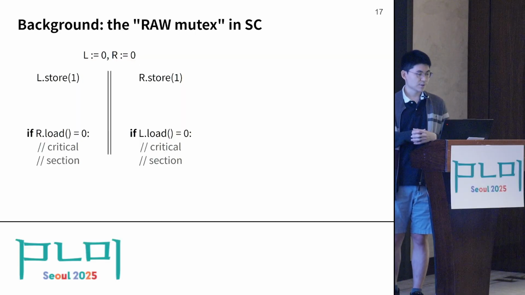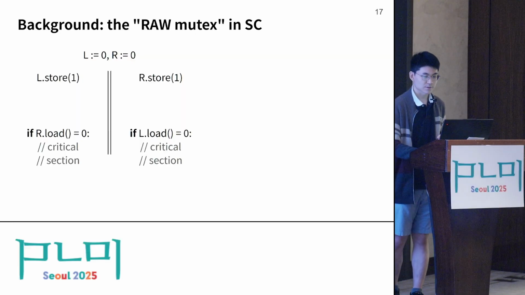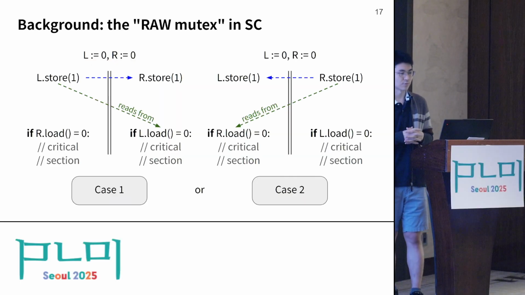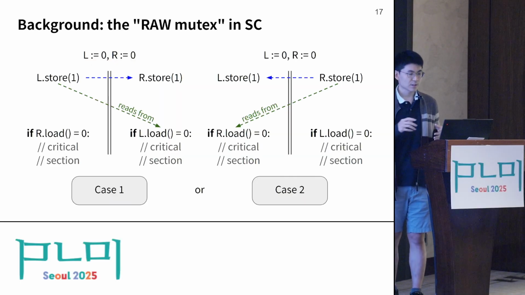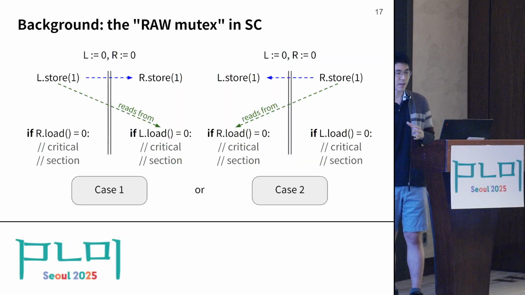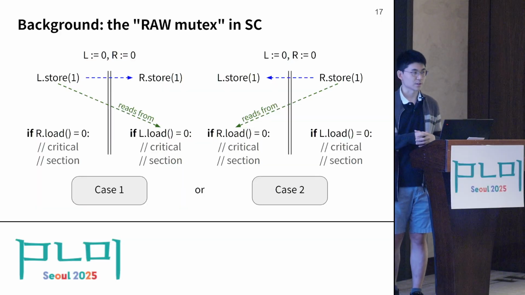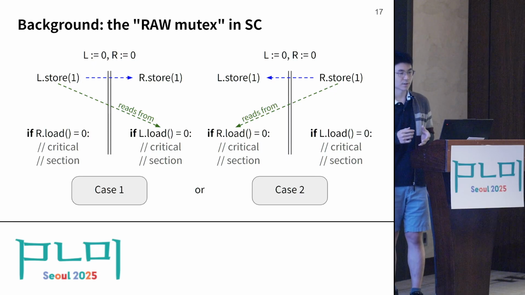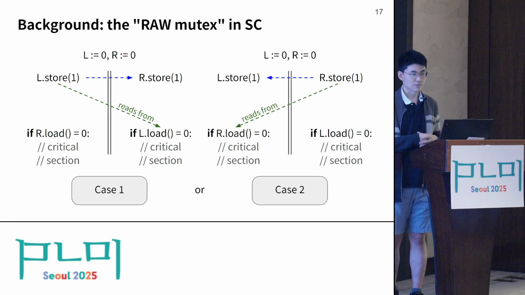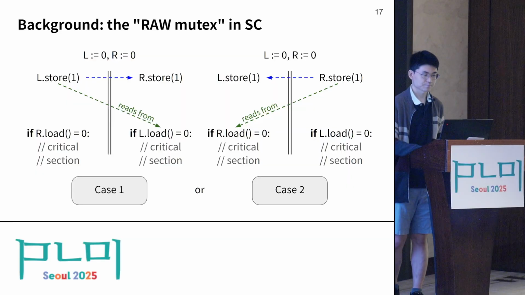In SC, we can see why this works by a case analysis on the order of these two writes. We can see that in both cases, at least one thread ends up reading the value 1 written by the other thread. This means that no more than a single thread enters the critical section, which implies mutual exclusion.